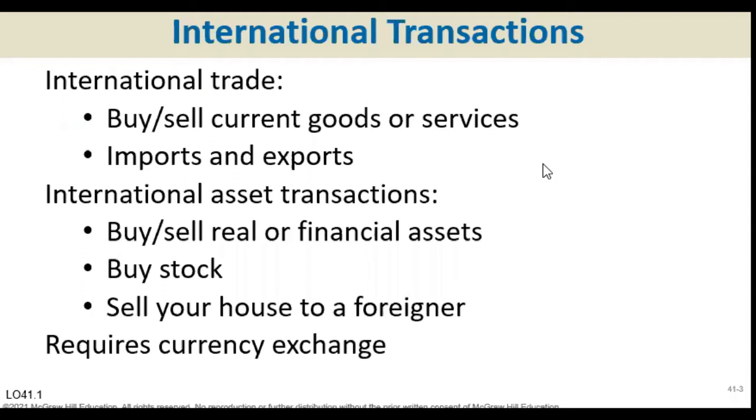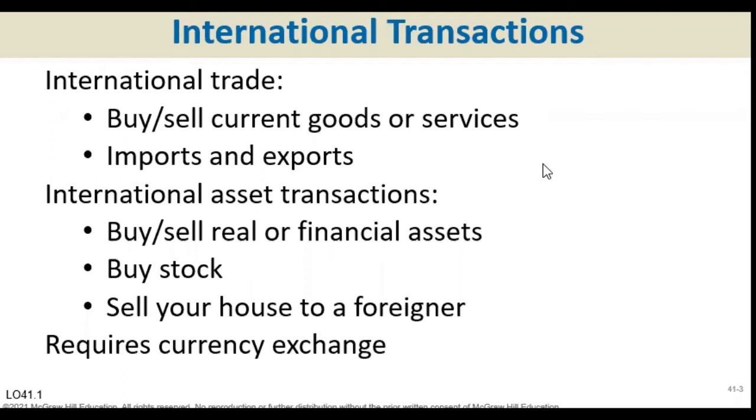So there's no intermediate transaction required before the trade. But when the parties involved are from different countries that use different currencies, you have to proceed through that intermediate asset transaction first, so that the buyer will have the correct currency to pay the seller.